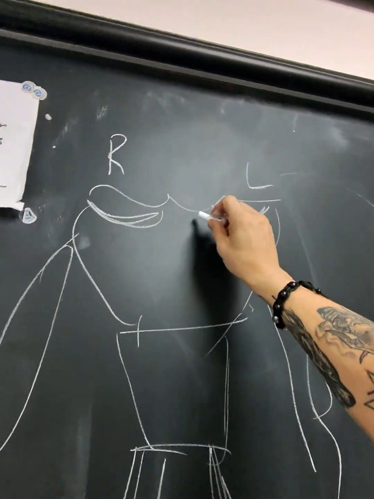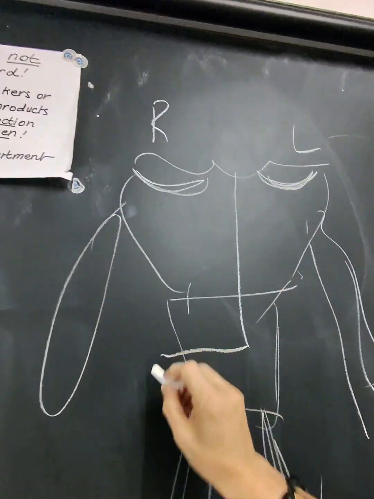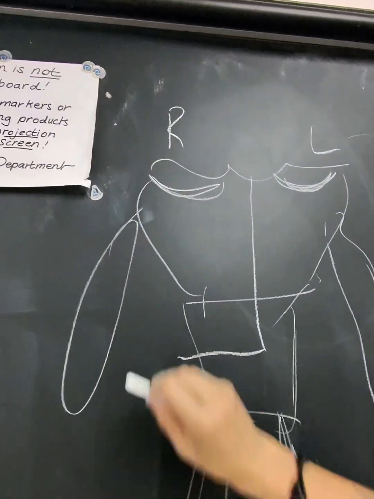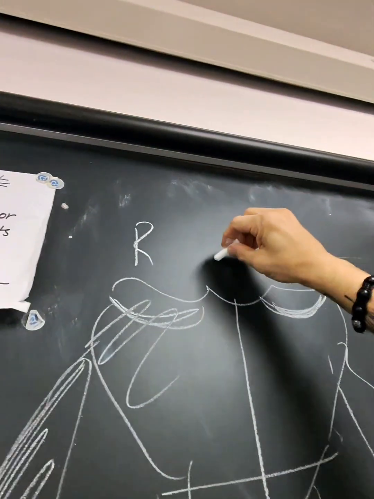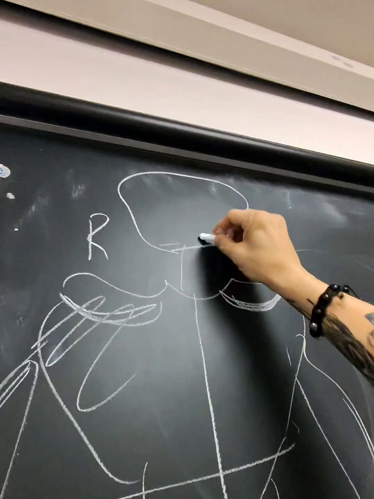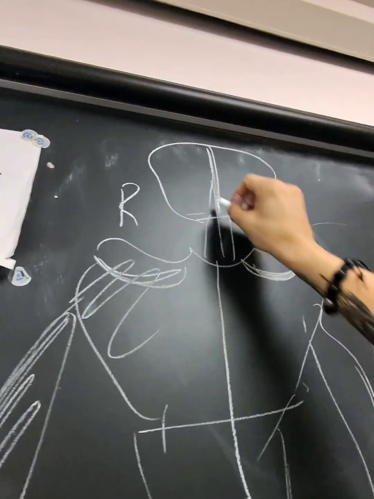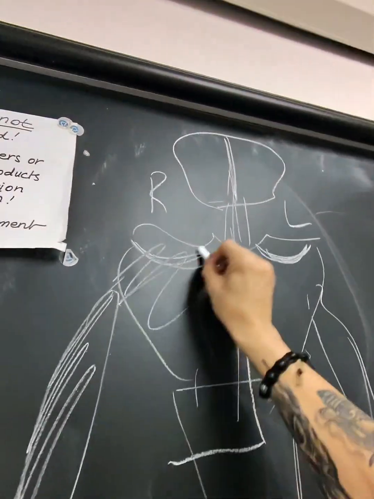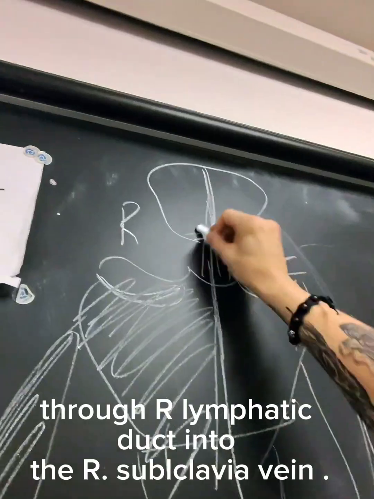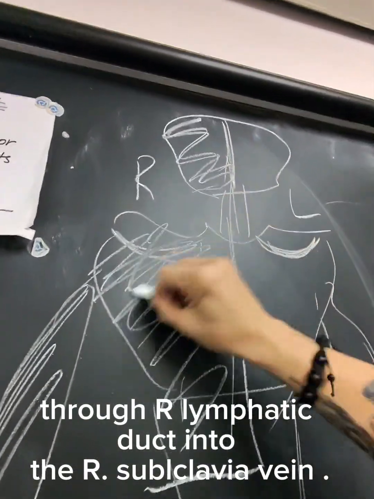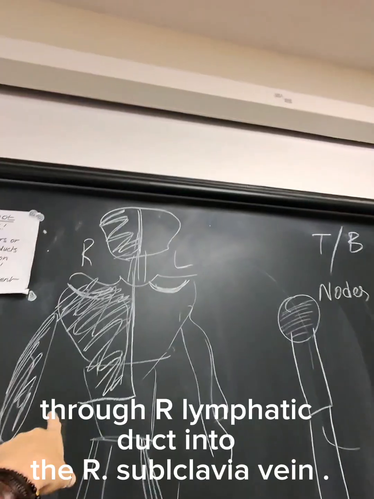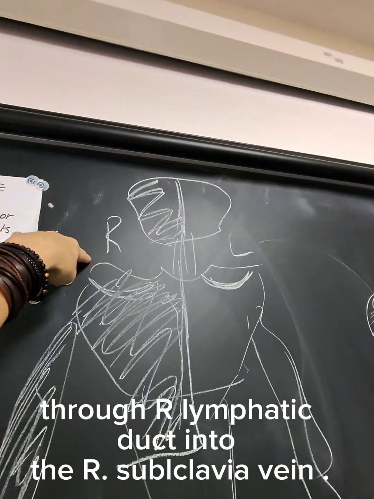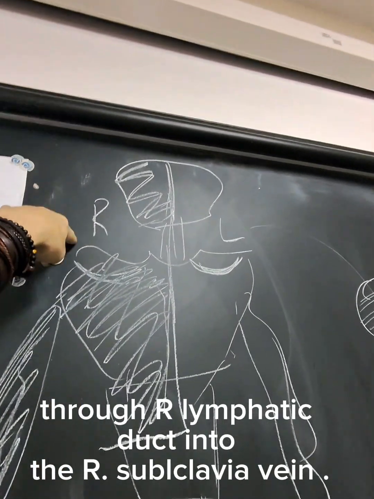So everything that I'm shading, and there's a head as well, here's the neck, all this would be returned into the right subclavian duct.